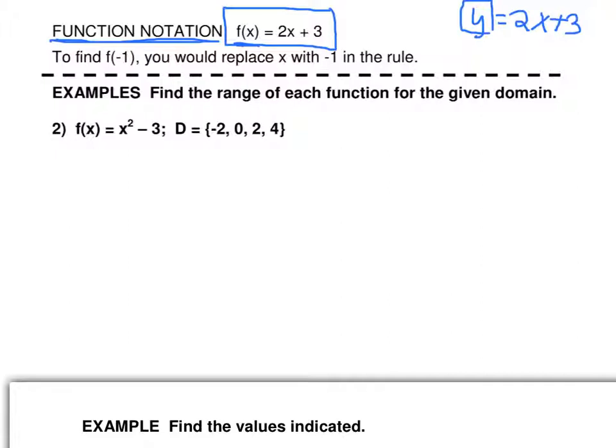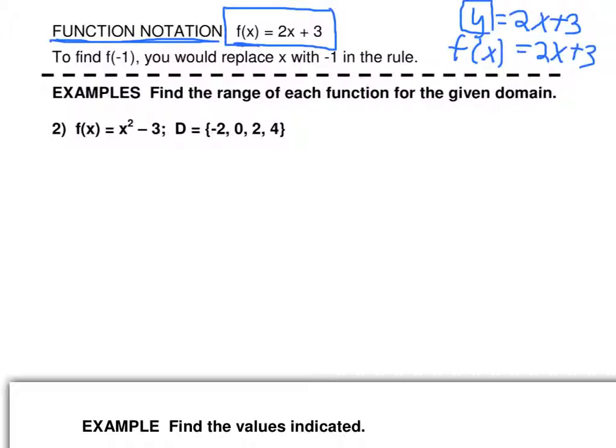Function of x is what that stands for. So it's just a fancy way or just another way of saying y. So when you see f of x, all I'm doing is replacing the y with function notation, which means function of x.